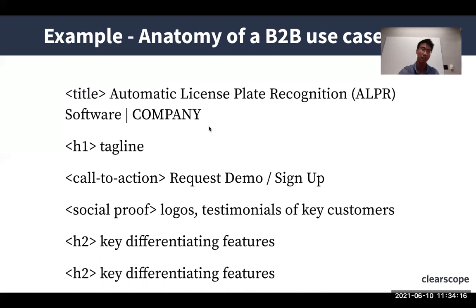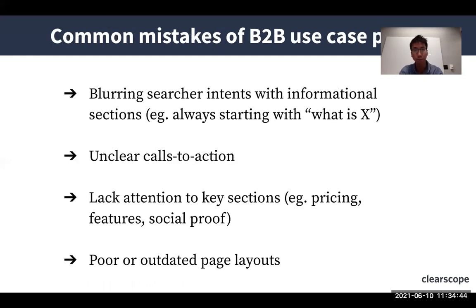It's a pretty standard title for a solutions or use case page. Then you have your tagline, cleanest, highest quality ALPR solution on the market. Request a demo or sign up, followed by social proof, logos, testimonials of key customers, and then differentiating features that you would like to call out specifically based on your own market intelligence of how you fit into the ecosystem.